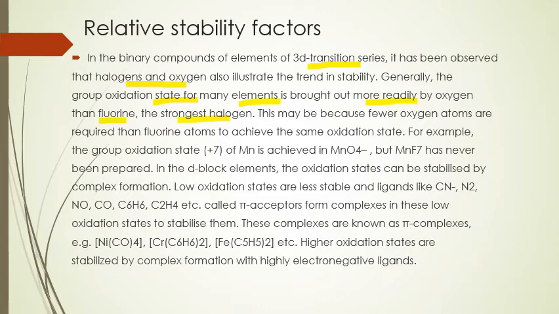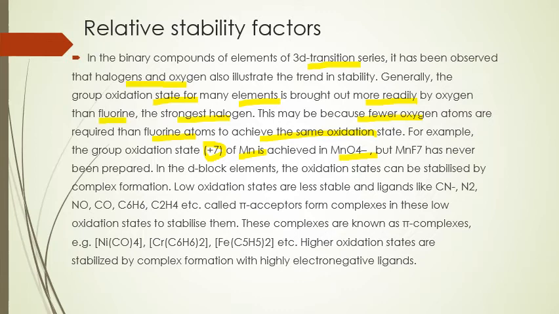This can be understood because fewer oxygen atoms are required than fluorine atoms to achieve the same oxidation state. Take one example, manganese with the higher oxidation state, +7. How can it be achieved? It can be achieved with fewer oxygen atoms, like MnO4 negative.